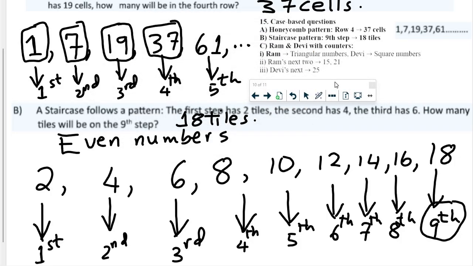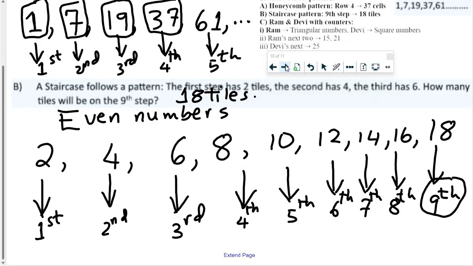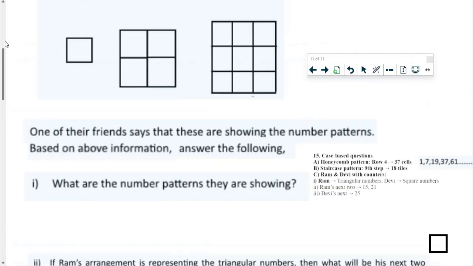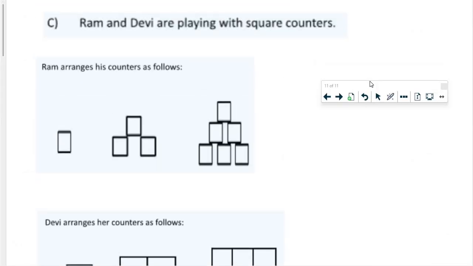All right? So now, next question is part C. Let us continue.